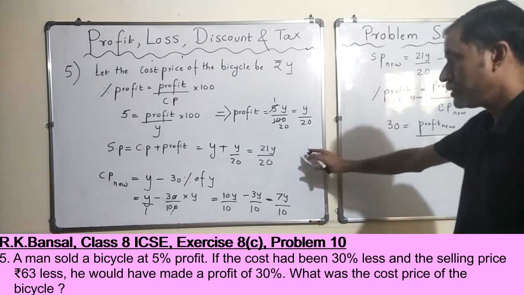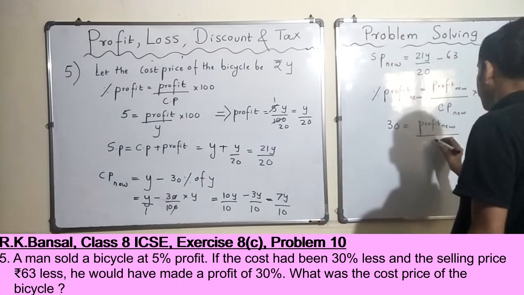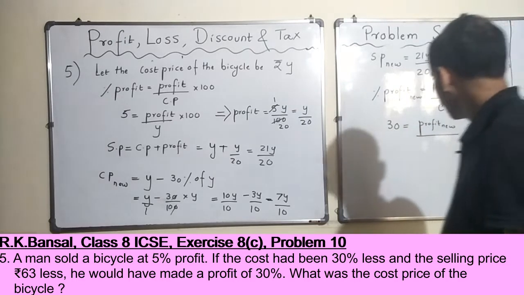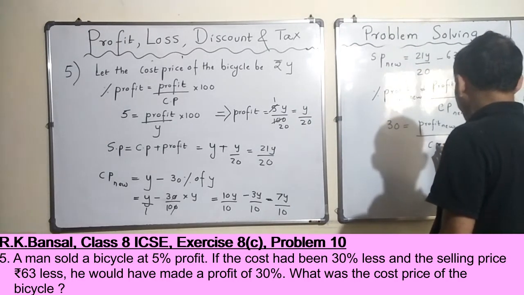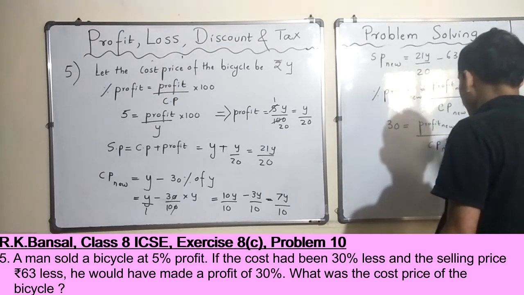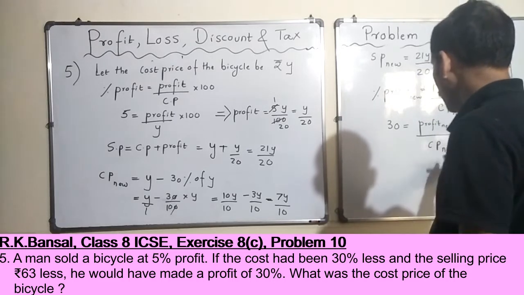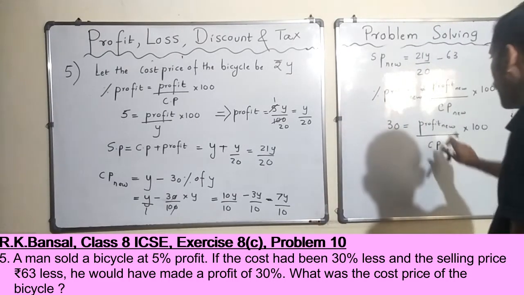Profit new by CP new. CP new is 7y by 10. Or rather, I'll write it as it is, CP new into 100. All right, so this is fine. I already know CP new from here. I know profit new.